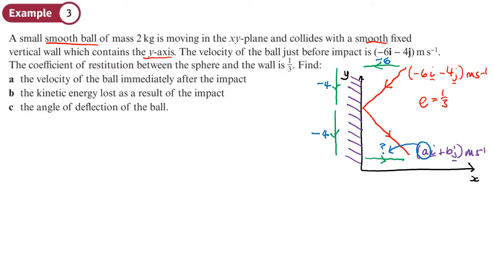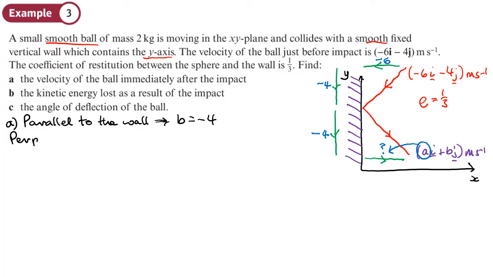So first thing is that the components which are parallel to the wall remain unchanged. So the -4 before is going to be the -4 afterwards. So the j part stays as -4. So in my working here, b is going to be -4.